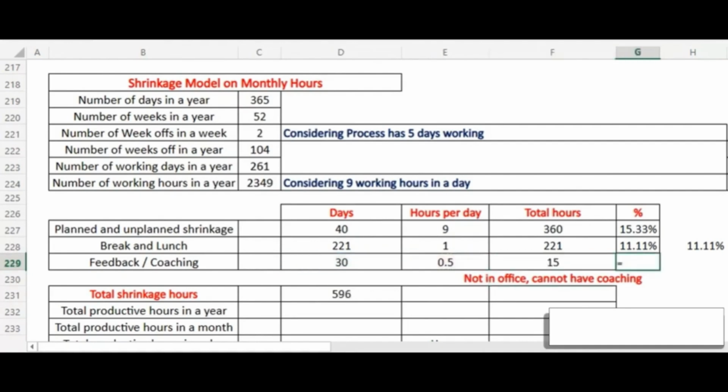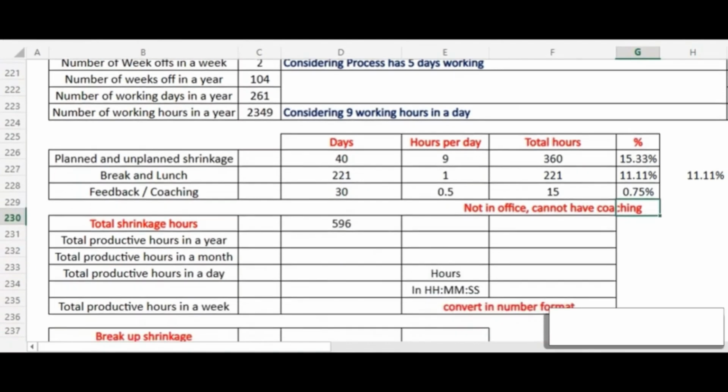The percentage would be 15 divided by (bracket open) the total working hours 2349 minus 360 (bracket close). Why have I taken 360? Because in these planned and unplanned shrinkage days, the agent cannot have coaching because the agent will not be available in office.